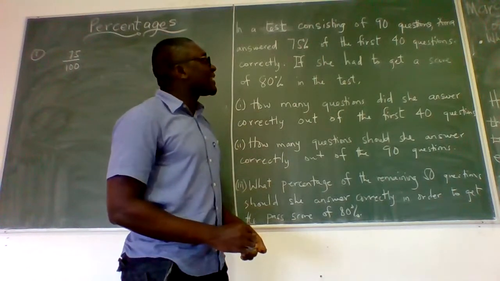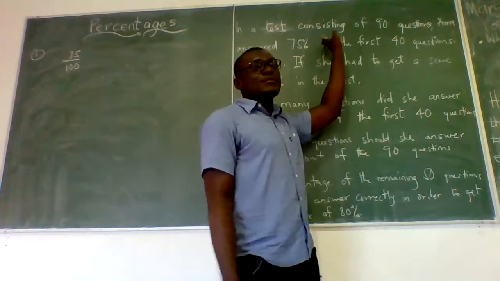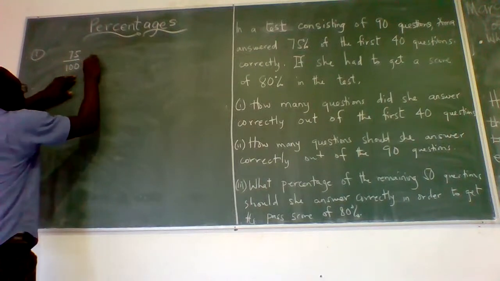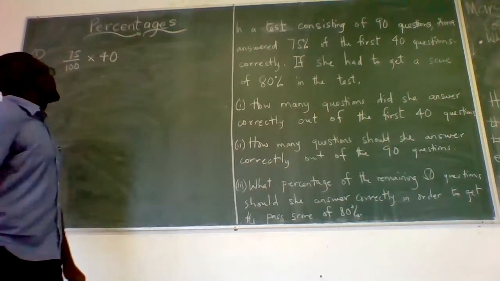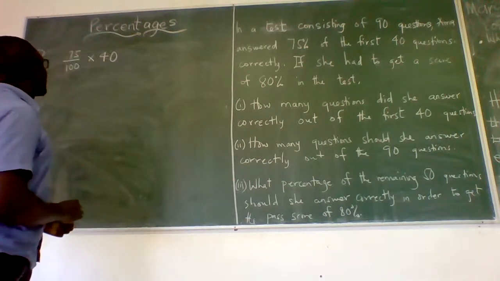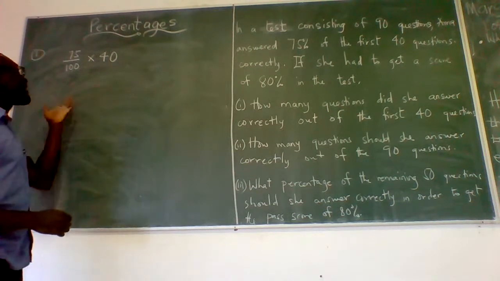Mathematically, when you use "of", your mind should go to multiplication. So 75% of the first 40. This is what we have. Now we want to simplify this, because it's fractions.